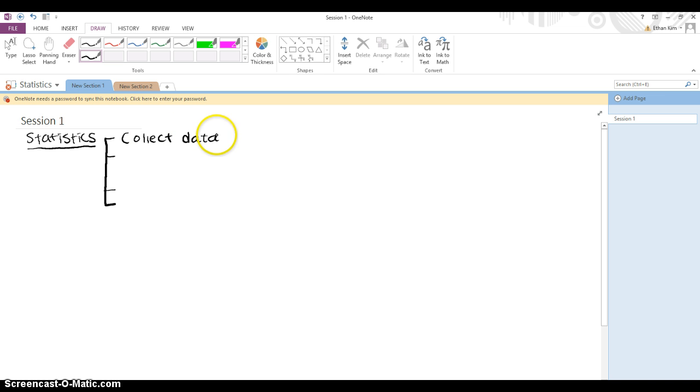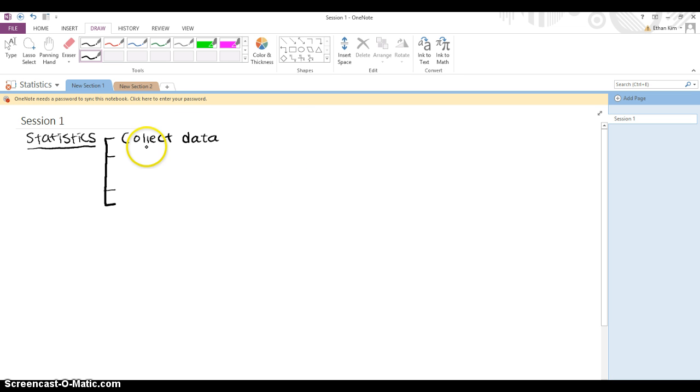And data can be anything. Data can be numbers. Data can be just simple words, yes or no. Anything can be data. And data is some kind of information that we need, right? So that's one part of it, collecting data.